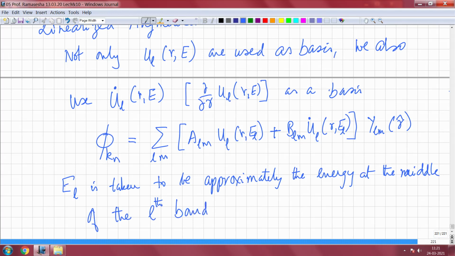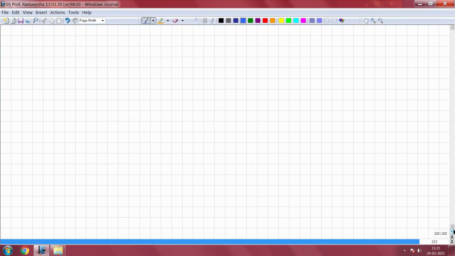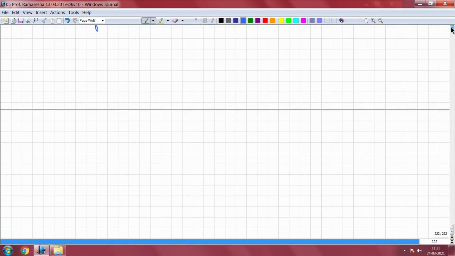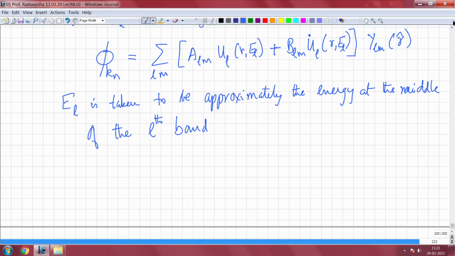Well, without doing a band structure calculation, how do you know where the middle of the Lth band is? It is roughly the energy that corresponds to the Lth state eigenvalue of the radial equation inside the spheres. So you can actually calculate for that particular value.